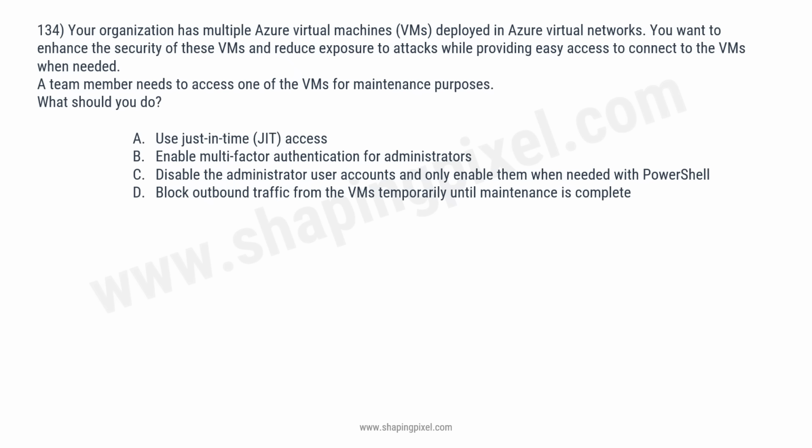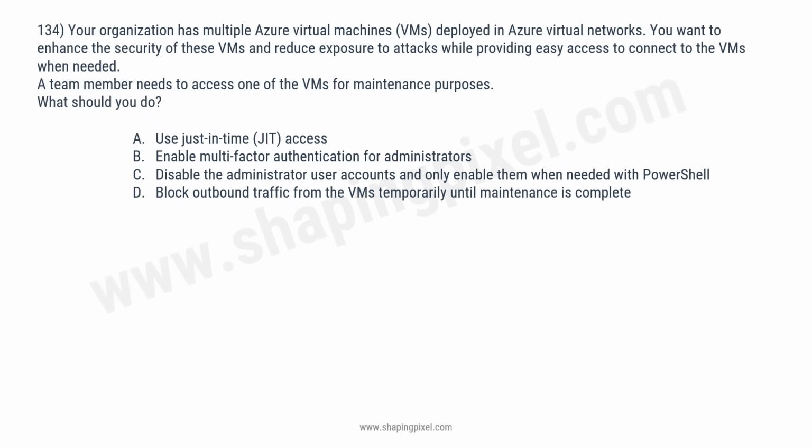So question number 134. Your organization has multiple Azure virtual machines deployed in Azure virtual networks. You want to enhance the security of these VMs and reduce exposure to attacks while providing easy access to connect to the VMs when needed. A team member needs to access one of the VMs for maintenance purposes. What should you do? Option A, use just-in-time access.